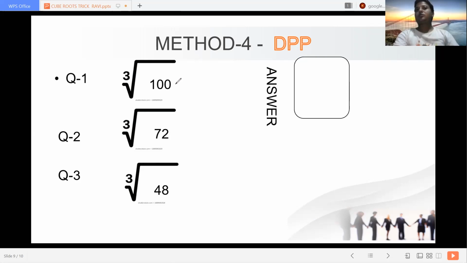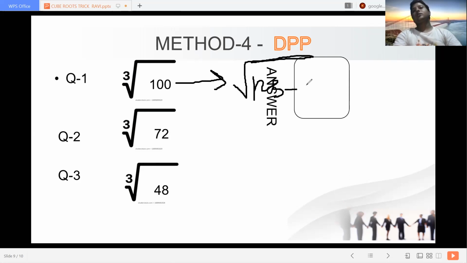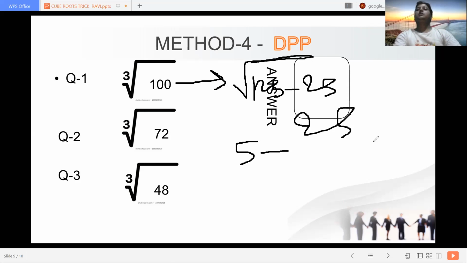Let us check one more time for the cube root of 100. 100 is 125 minus 25. Therefore the cube root is 5 minus the difference, 25, divided by 3 times the square of 5, which is 25.